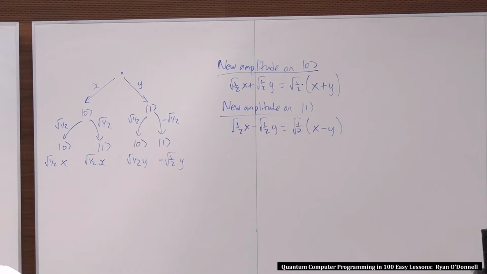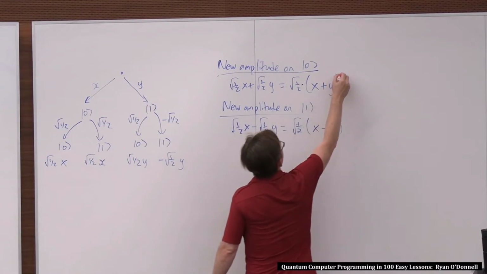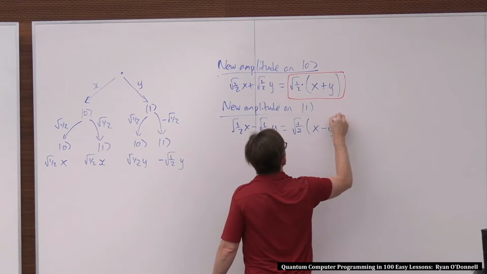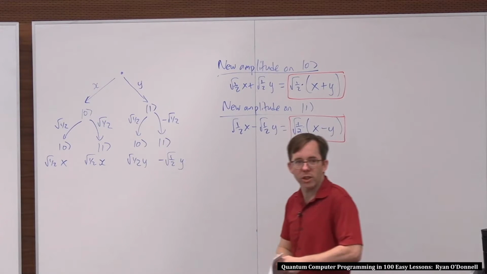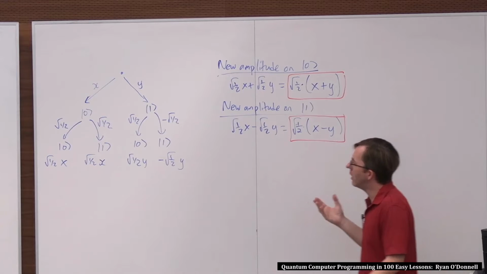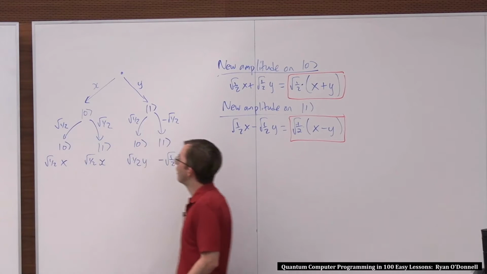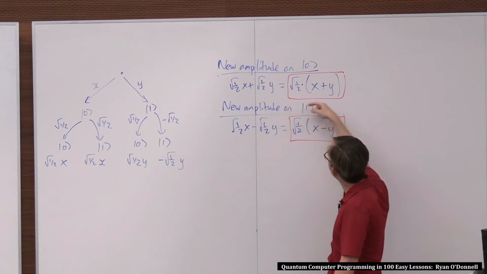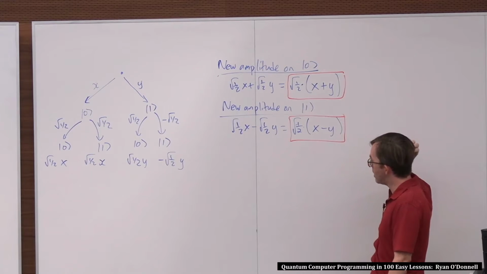Okay, and I really want you to remember this, because it's actually a shortcut when you're doing computations. This is the way you should get to know Hadamard a little bit better. Instead of focusing on what Hadamard does to 0 and 1, focus on how much comes into 0 and 1. Wherever you were, if you had amplitudes x and y, the new amplitude on 0 is this, and the new amplitude on 1 is that.